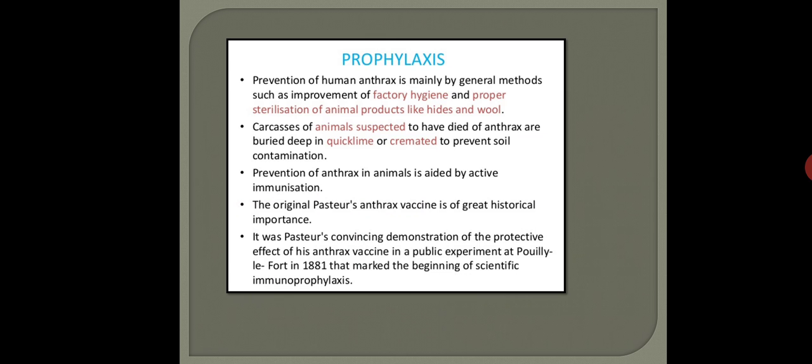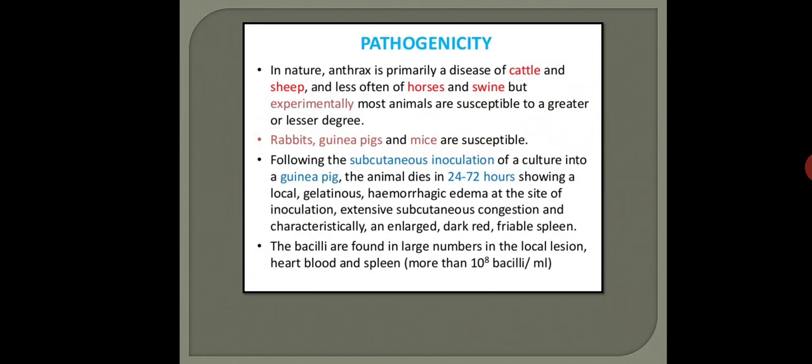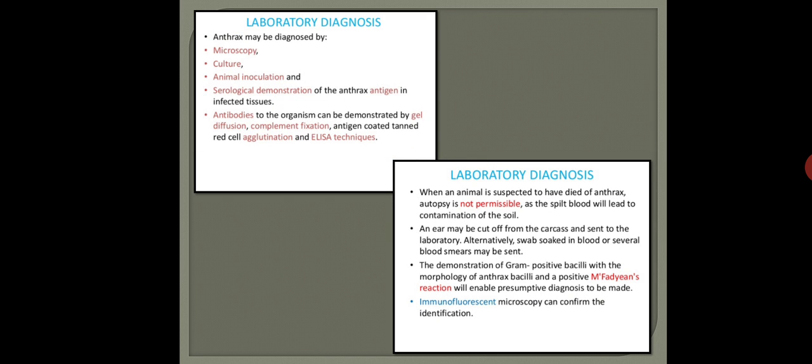And other techniques involved in the lab diagnosis are the ELISA technique and the complement fixation technique. ELISA stands for enzyme linked immunosorbent assay. This technique determines the antibody present in the patient serum. The next technique is complement fixation technique.